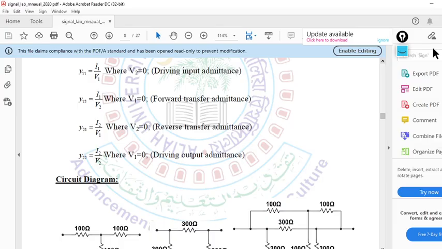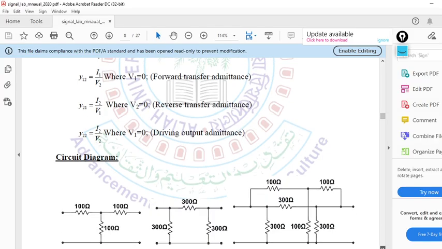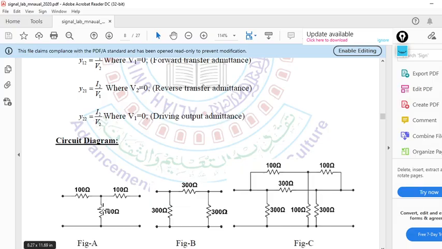So for the first circuit, whenever you take 100 ohm, first measure this resistance value, make this circuit on a breadboard, and connect the voltage supply. Before switching on your source, do not connect it here. First check your supply voltage. If it is 10 volt, switch off your device, come to me and show me your connection.